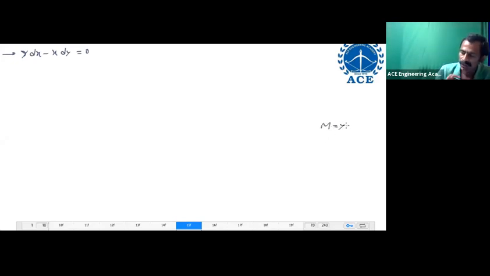Single term means it is a homogeneous function with degree 1. N equal to x is also a homogeneous function with degree 1. Both are of the same degree, so we can solve this by the homogeneous method also. Next, what about the other method, the third method? Can you solve this problem by the third method?